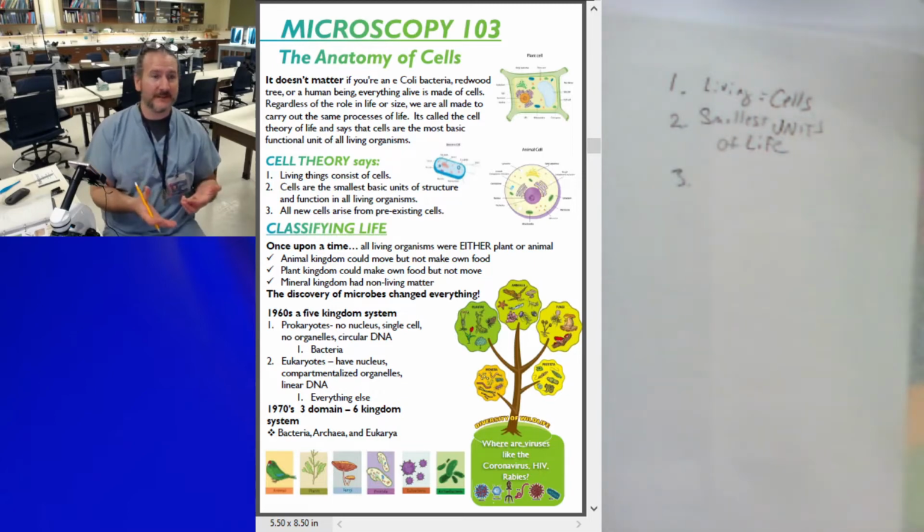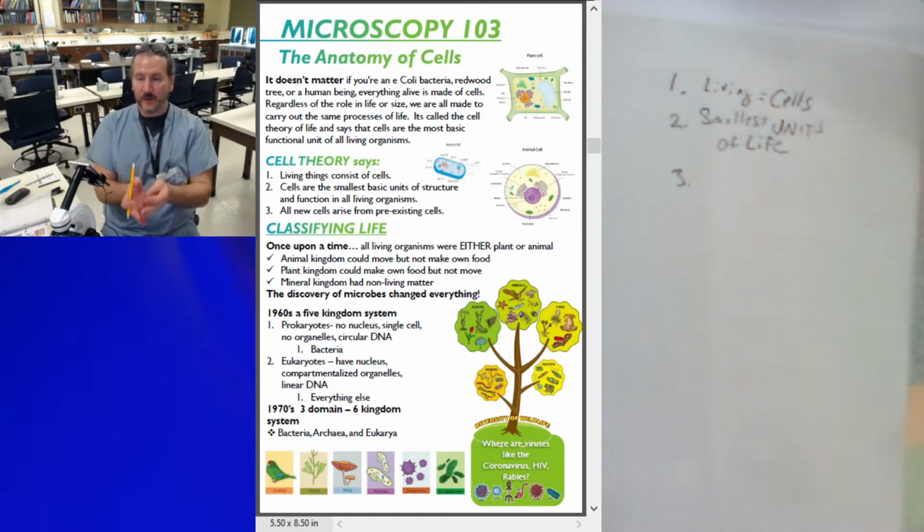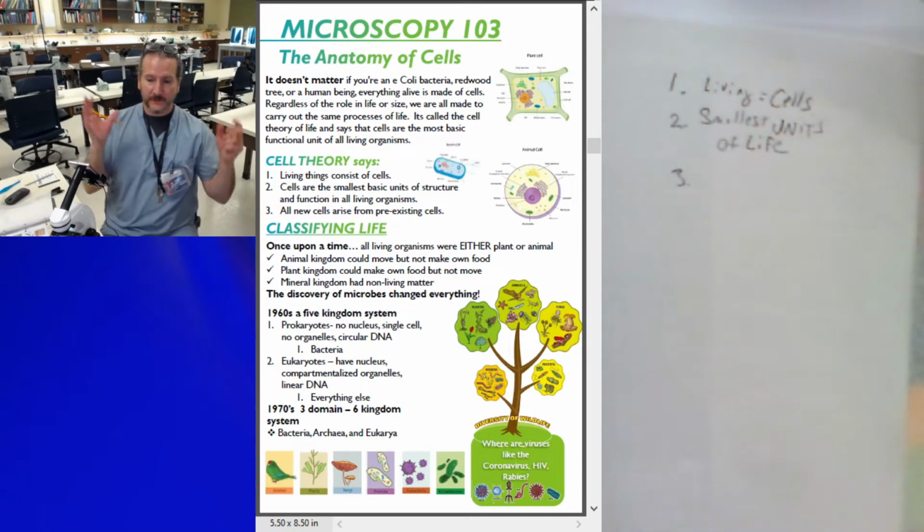So what's cool about life is that when you think about it, everything that happens at the cell level happens to you. You eat, you breathe, you can replicate, you can move around, you can protect yourself, you can do all these basic functions of life. You came from 2 parents, right? So your parents shared their DNA and they made you.